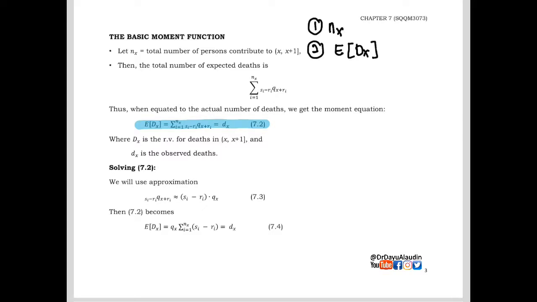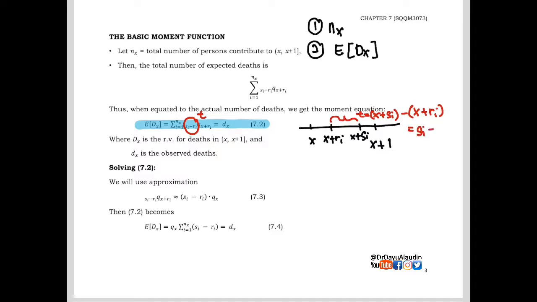If we draw the timeline, within x to x plus 1, x plus RI and x plus SI should be in between the interval. The t between here is x plus SI minus x plus RI, so we get SI minus RI.